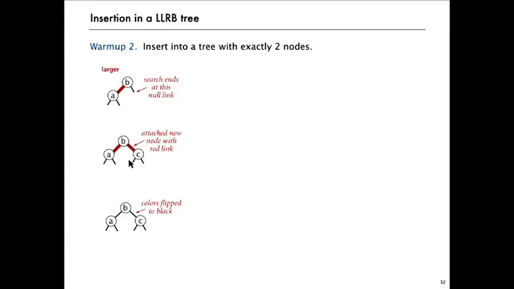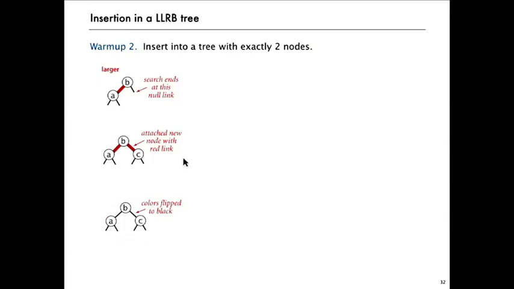And what we want to do is split that 4 node, and in this case, since we're at the root, that's all, so that just flips the colors. Now the color of the root in our code would temporarily turn red and then would turn black again. So that's inserting into a tree that's a single 3 node, a key that's larger than both of them, and we wind up with a 4 node.